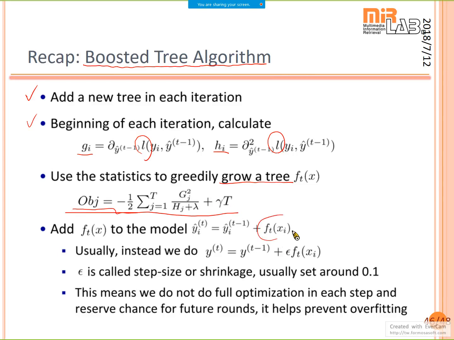Once you find the tree to be included in the collection, we can put a small learning rate here. This eta is called the step size, or learning rate, and usually it's set to be around 0.5, which means we are not doing full optimization in each step, because we can reserve some room for improvement in future rounds. By doing this, it can help us reduce the possibility of overfitting.